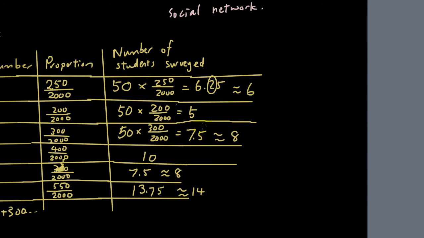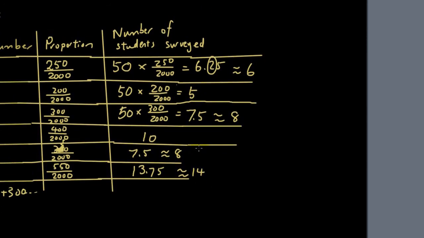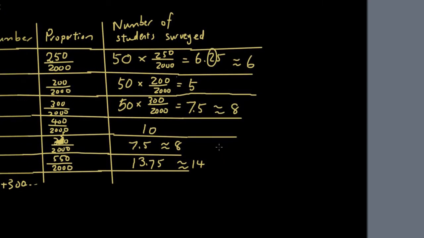Now let's try adding them all together and see if that will give us 50 students. So we go 6 plus 5 plus 8 and so on. Let's add all that together. And that actually got us 51 students, which is not what we wanted, right?